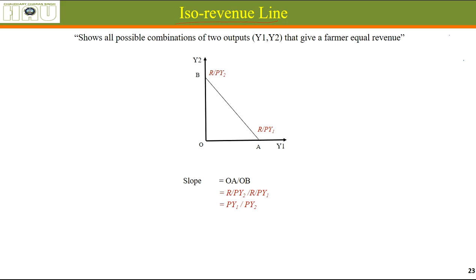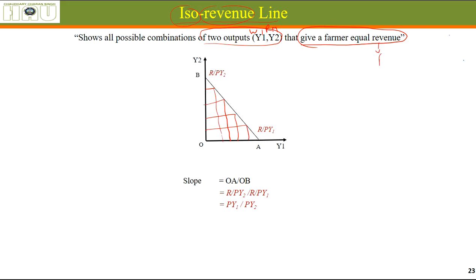Iso-revenue line, same. Iso means same revenue. All possible combinations of two outputs, wheat and rapeseed and mustard, that are going to give the farmer an equal revenue. Okay, this is the iso-revenue line.